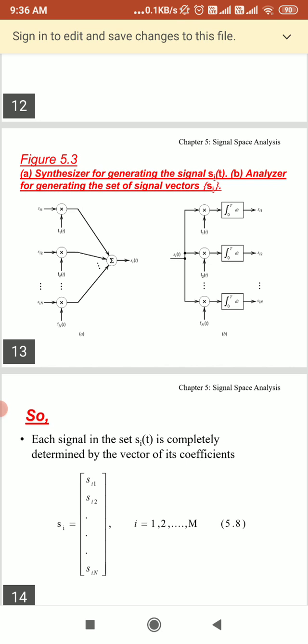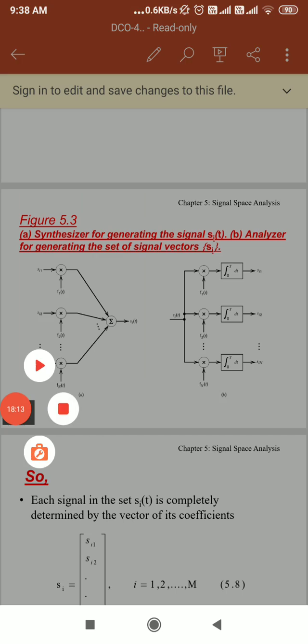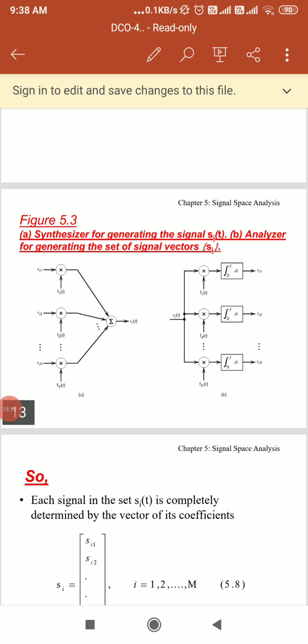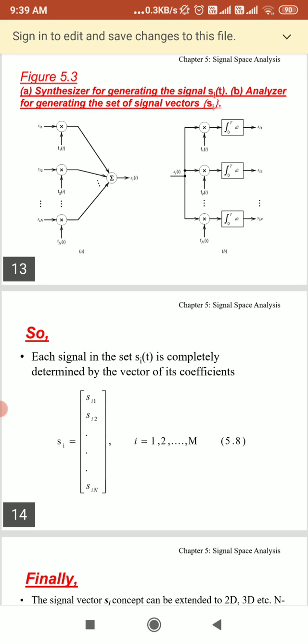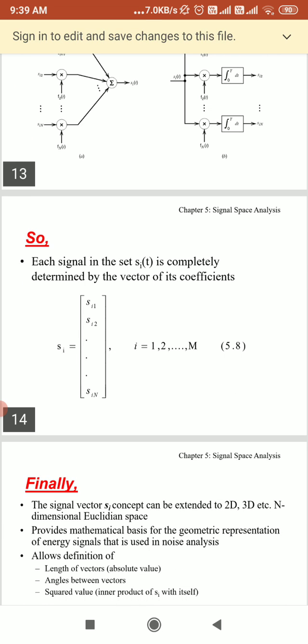This diagram is nothing but the synthesizer for generating the signal Si of t, and diagram B is the analyzer for generating the signal vector Si. So the signal in the set Si of t is completely determined by the vector of its coefficients, where i equal to 1, 2 up to m.